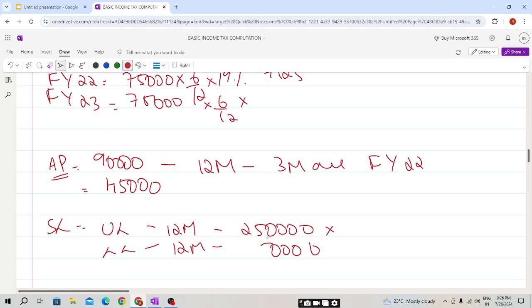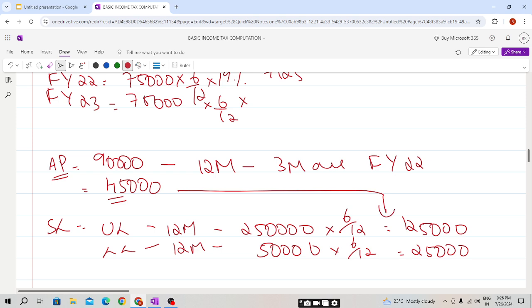The limits are for 12 months, but only 6 months is available for the finance year. So the limits are 125,000 pounds and 25,000 pounds. The augmented profit is 45,000, and this is between the limits of 25,000 and 125,000 pounds.